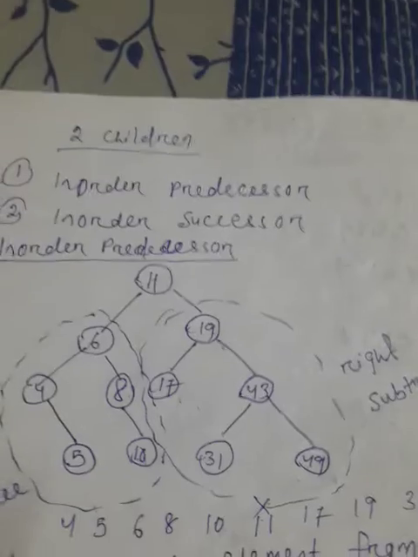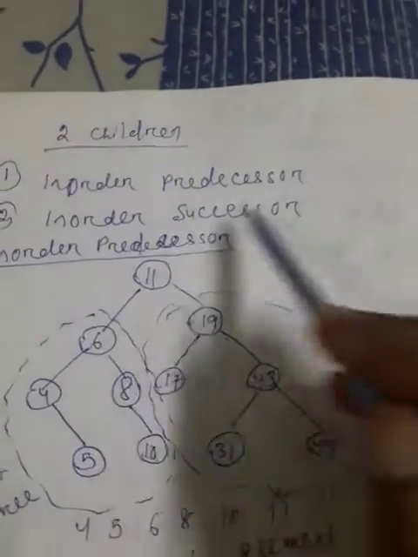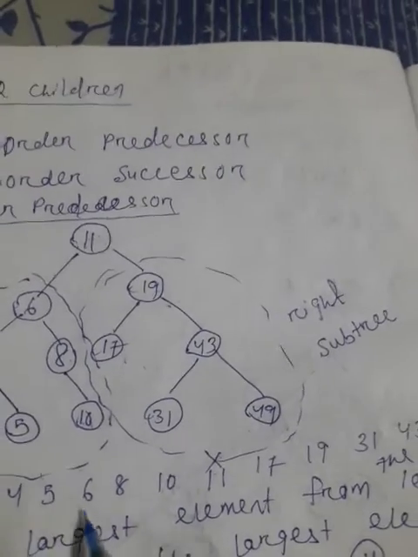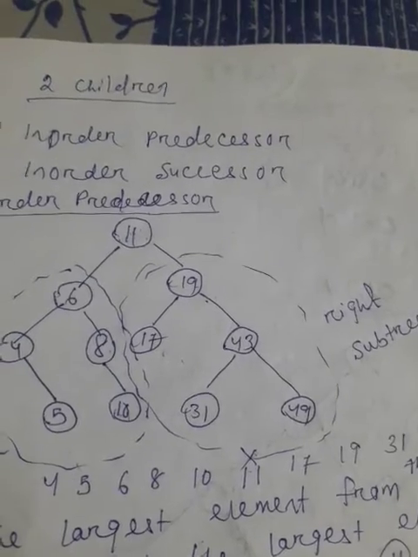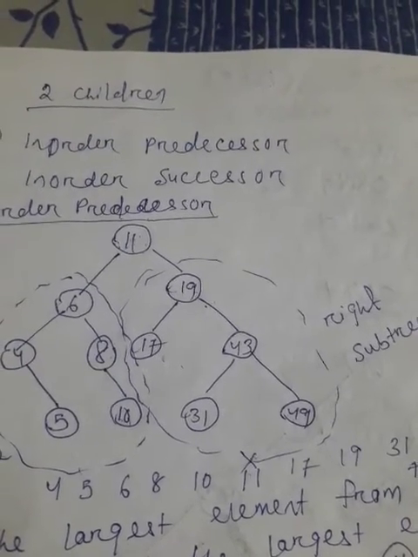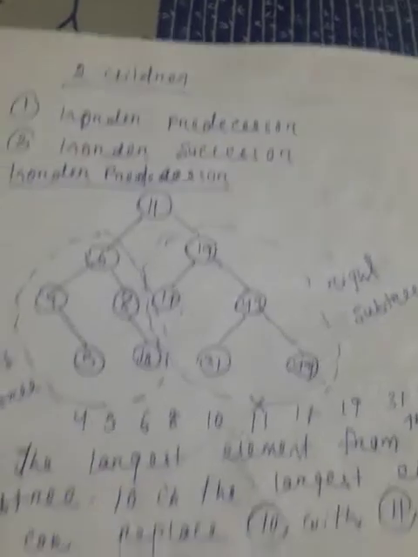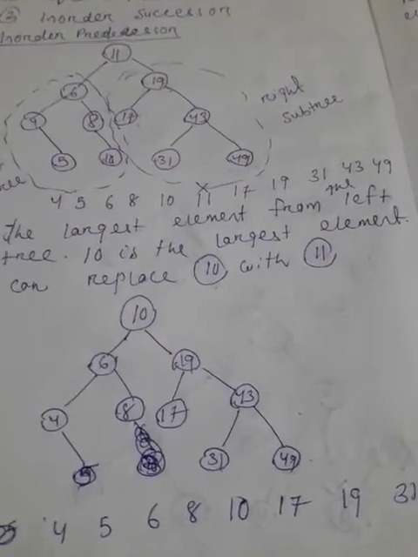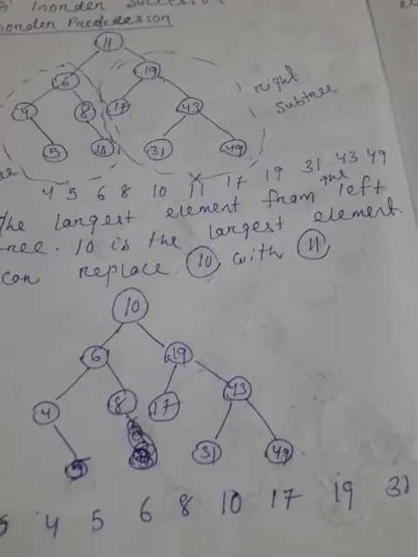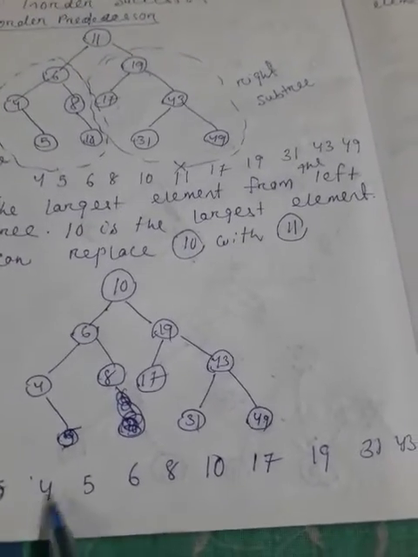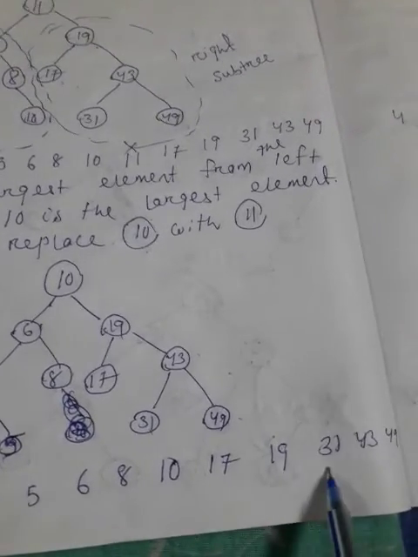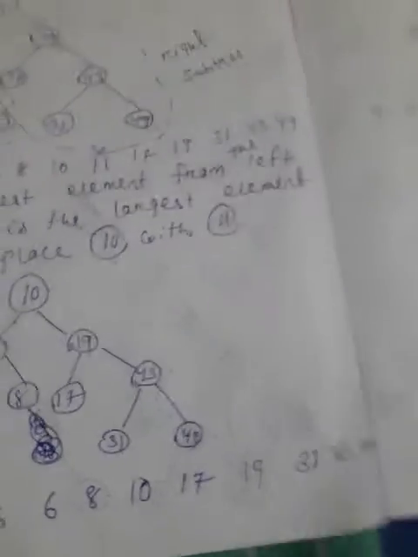In this tree the values are in ascending order: 4, 5, 6, 8, 10, 11, 17, 19, 31, 43, 49. If we use in-order predecessor, the values are also in ascending order, but only one value is not present, and that value is 11: 4, 5, 6, 8, 10, 17, 19, 31, 43, and the last value is 49.